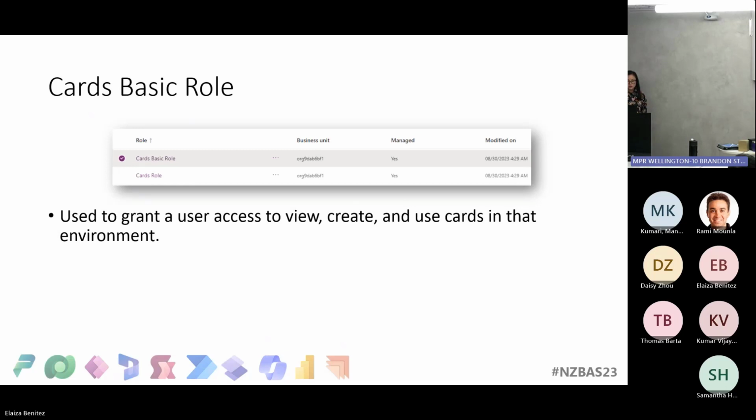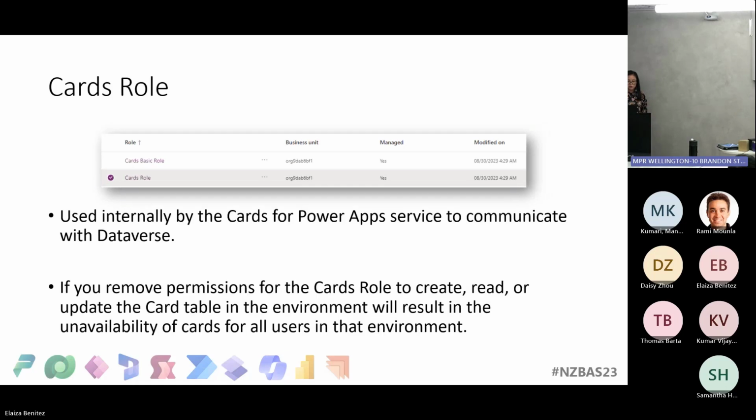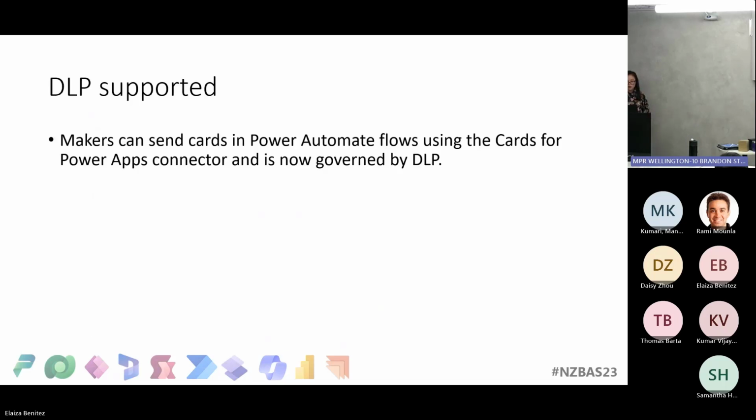So in terms of the two security roles that exist today, we first have the cards basic role. This allows the user to view, create, and use cards in the environment. And then the cards role is one that's used behind the scenes by the service. If you remove the permissions for this one, it means that cards perhaps will not work in your environment. So just be aware of that.